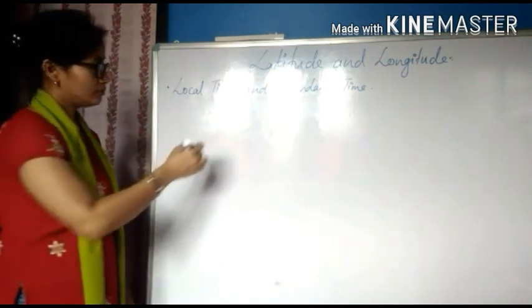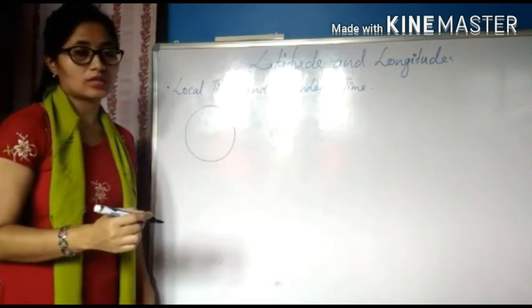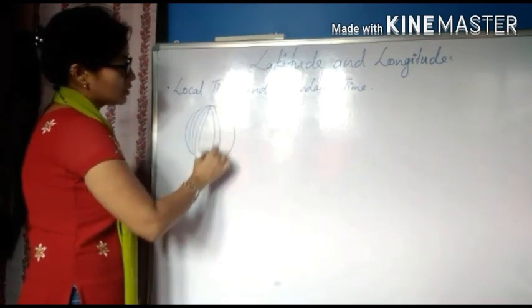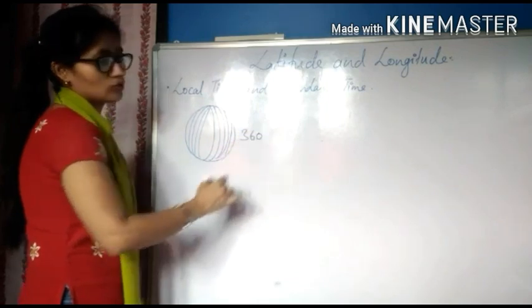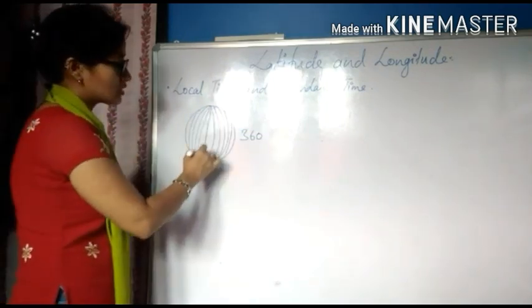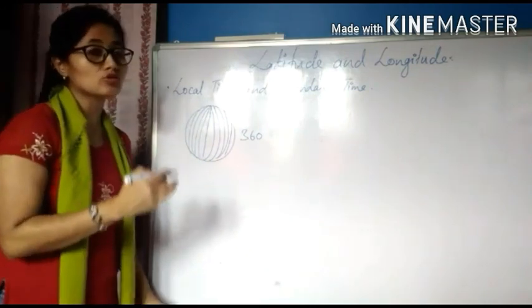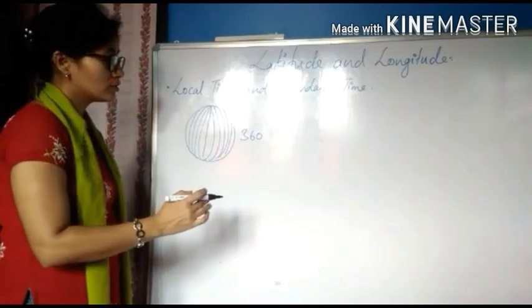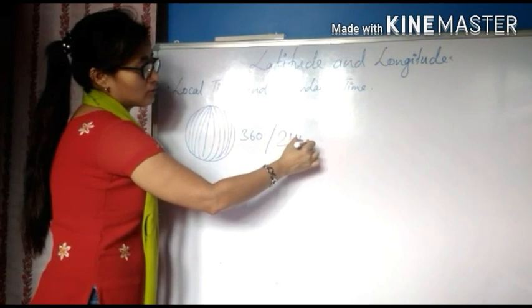As we all know, our earth consists of imaginary lines of longitude. How many lines of longitude do we have? 360 lines of longitude. And the sun appears to move across these lines of longitude in how many hours? 24 hours.